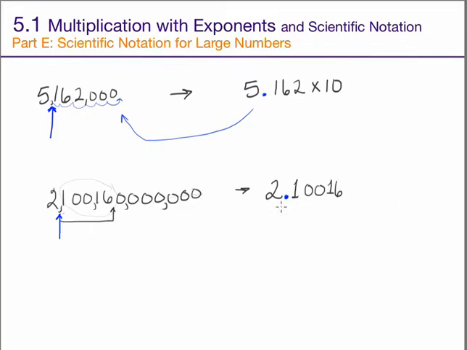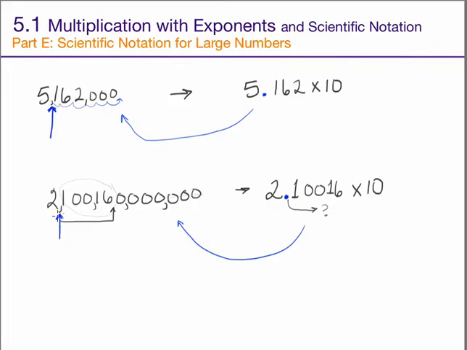Now, how would I get this number from scientific notation back to decimal notation? In other words, how many places would I have to move my decimal point to the right to get it back in this form? Well, going back to this form of the number, my decimal point went in this position here.